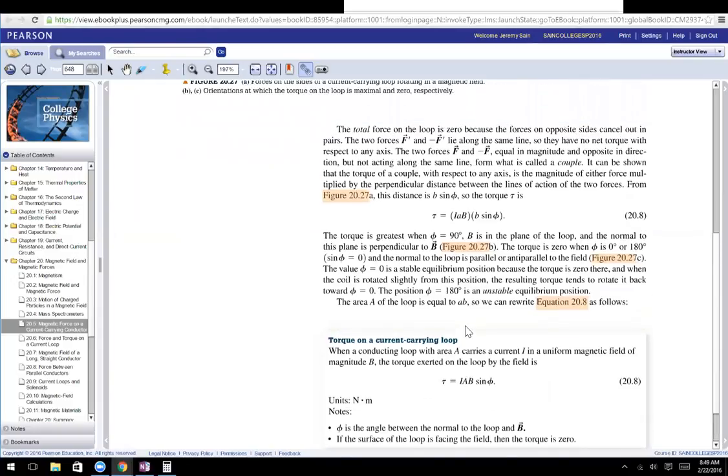Actually, let me make it a little bigger for you writing it down. Okay, you think you got it? Yeah, I A B sin theta. So again, I is the current, A is the area of the loop, B is the magnetic field, theta is the angle between the magnetic field and the normal vector of the loop.